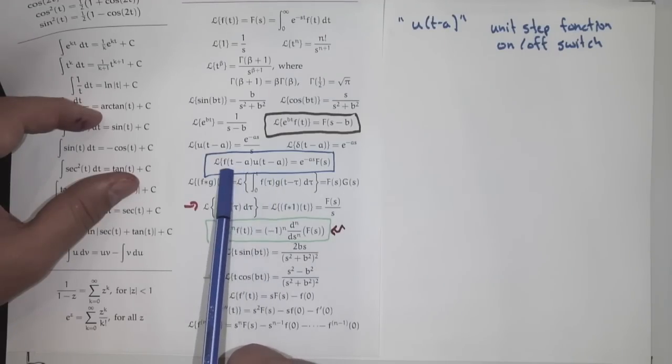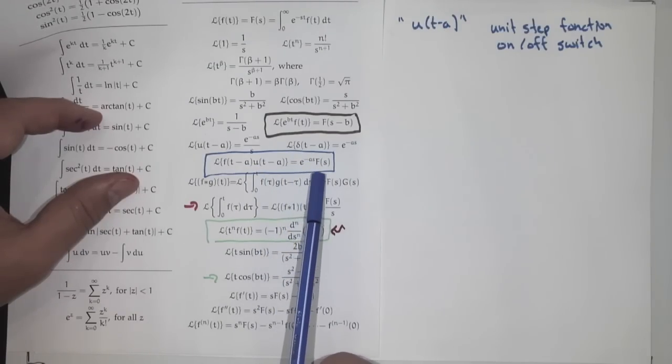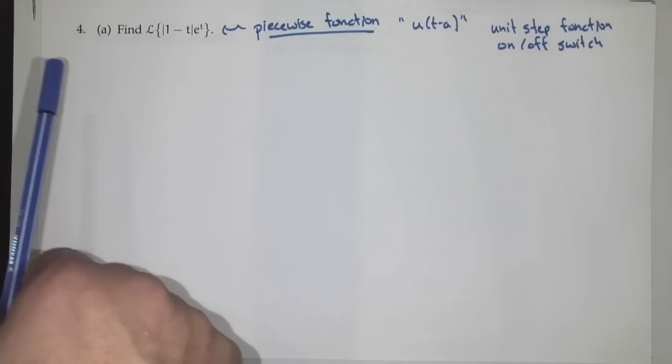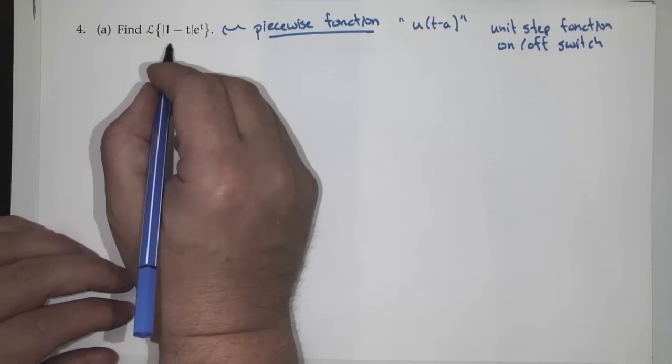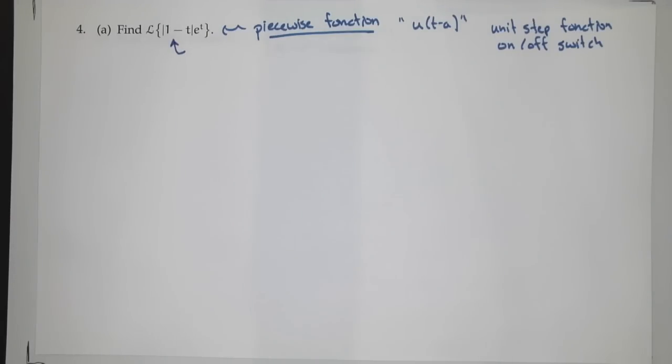So whenever we have piecewise functions, when we do the Laplace transform, it introduces exponentials. So we're going to end up with some exponential on the other side. And so we say, okay, well, first off, we have to understand where does the absolute value of 1 minus t change behavior?